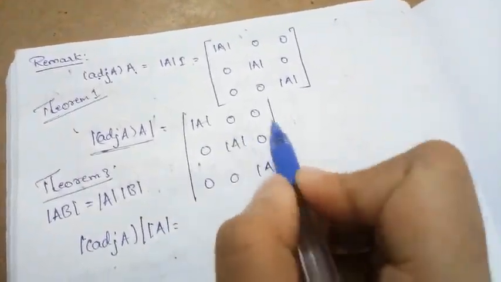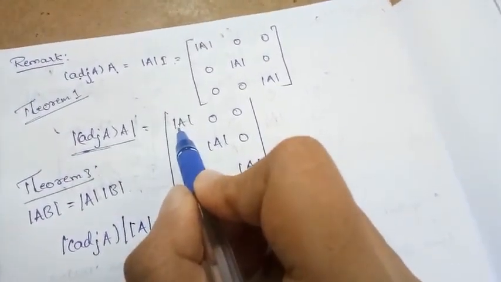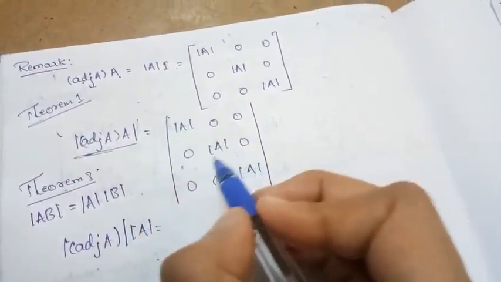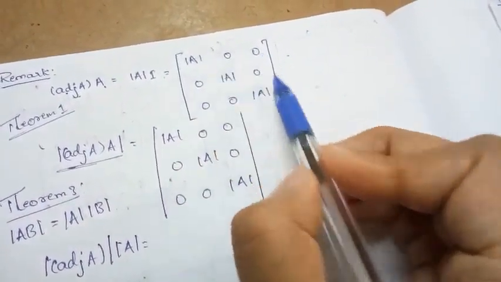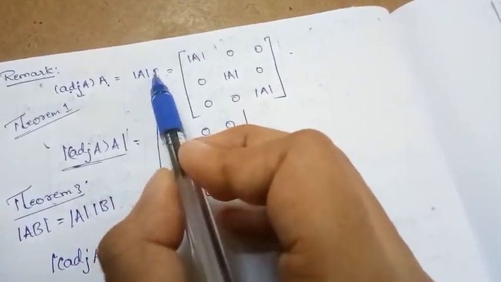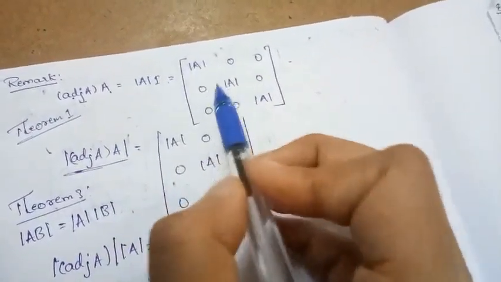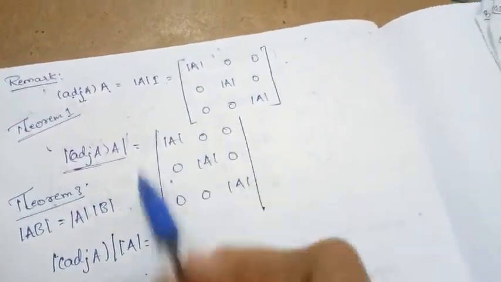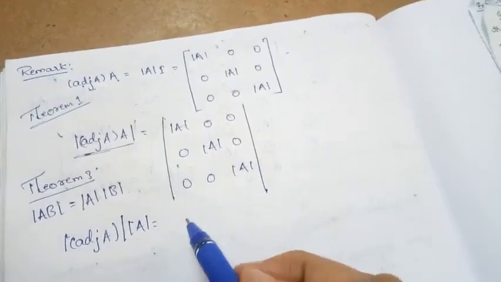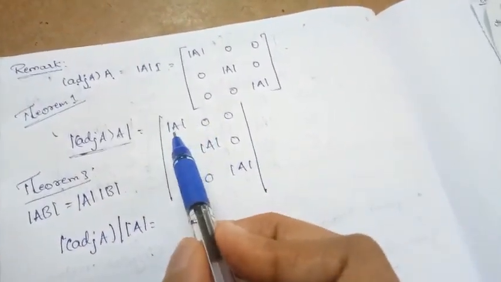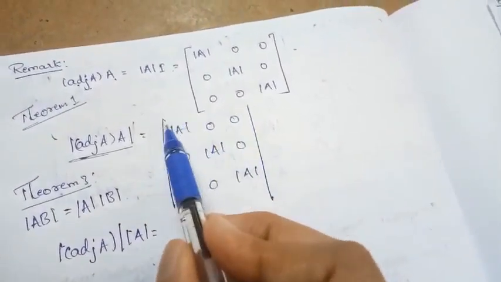Now you can see here, I can take determinant A common from the first row. Earlier it was a matrix, and when I take determinant A common outside, it is taken from each and every element, so it was only one determinant A and what was left was the identity matrix. But here we are talking about a determinant, so be careful while taking common factors. Here we need to take determinant A common from the first row, second row, and third row.